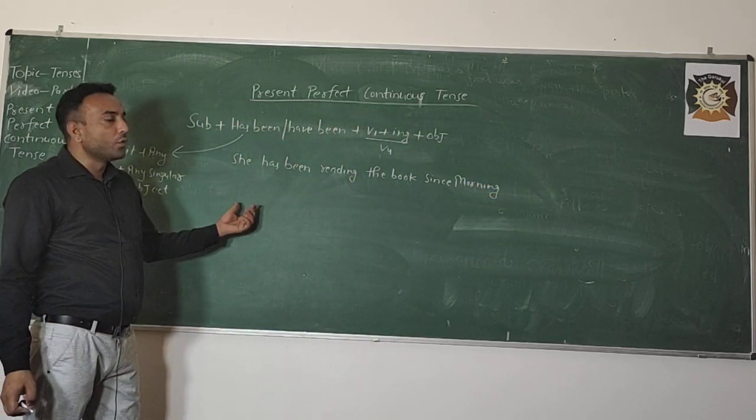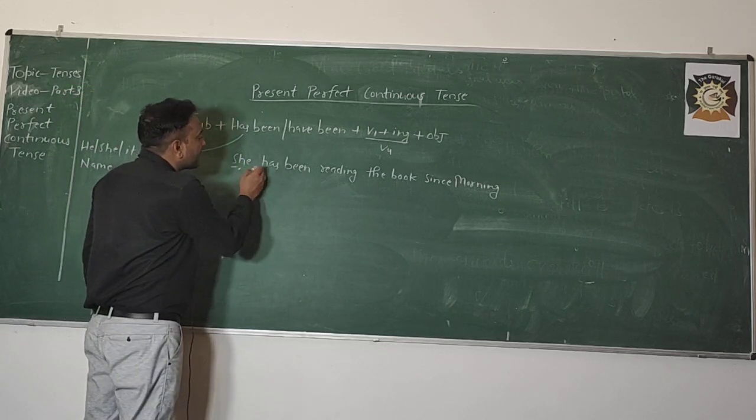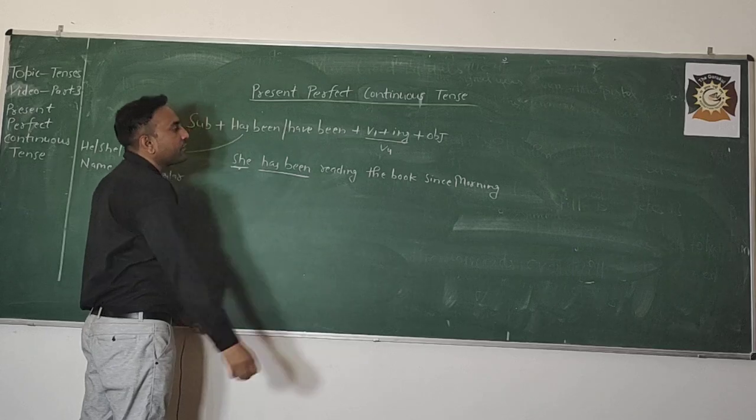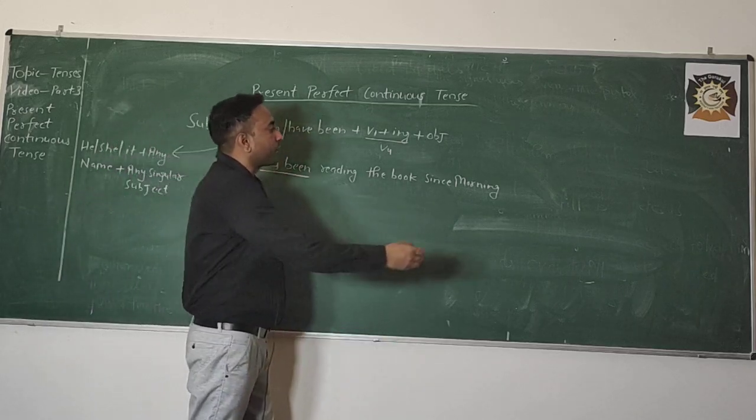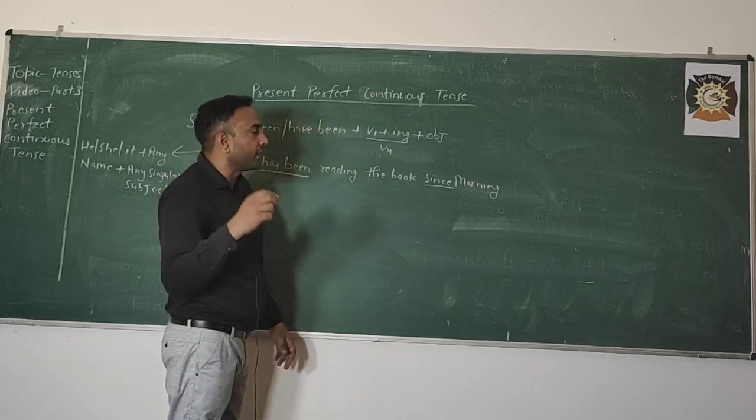She has been reading the book since morning, and because the subject is singular, that's why we have used has been. And the concept of since and for I will discuss with you in detail.